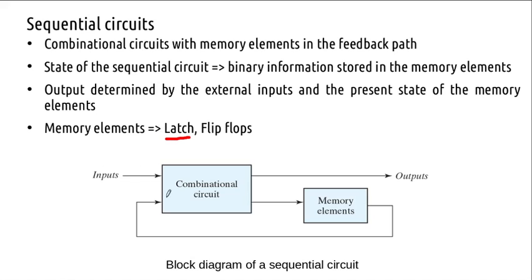The output of this sequential circuit, as already mentioned, is determined by the external inputs and the present state of the memory elements. So that means two definitions. One is what we call the state of the sequential circuit. The state of the sequential circuit is defined by whatever values are stored in the memory element at a particular time; that is the present state of the circuit.